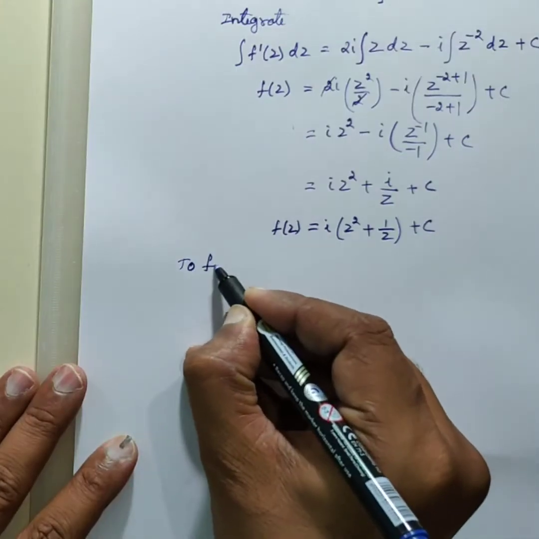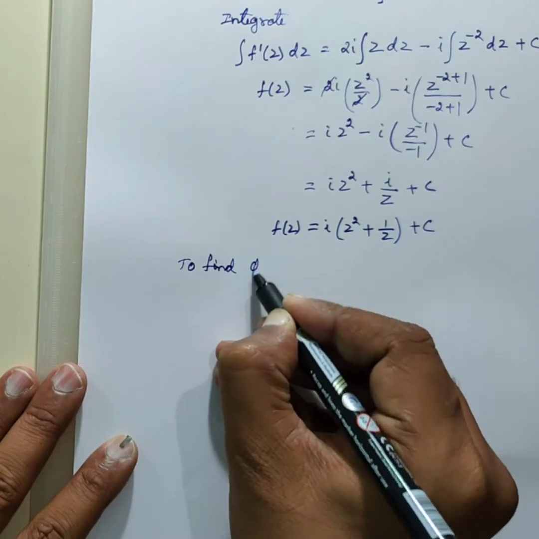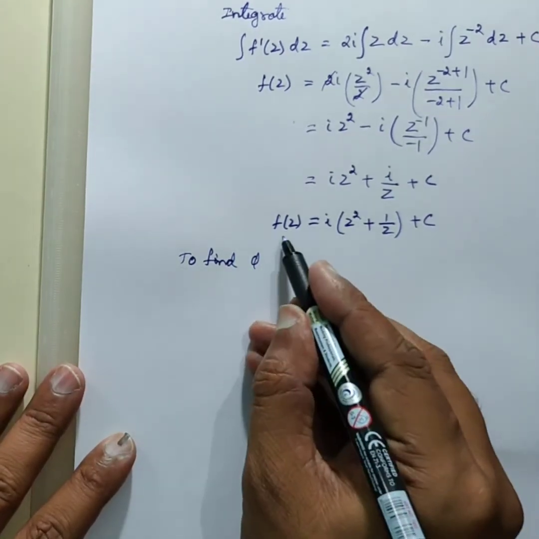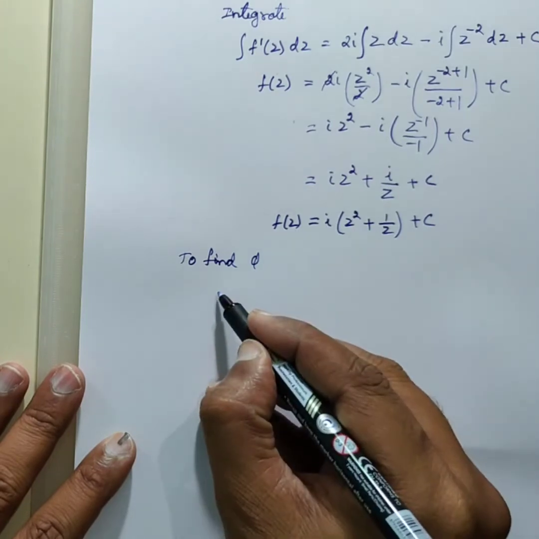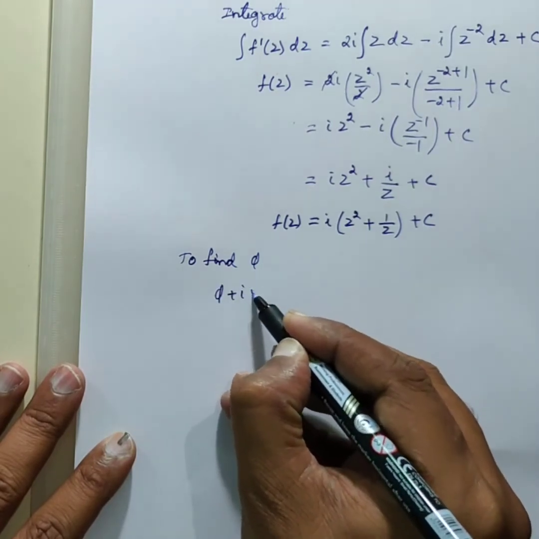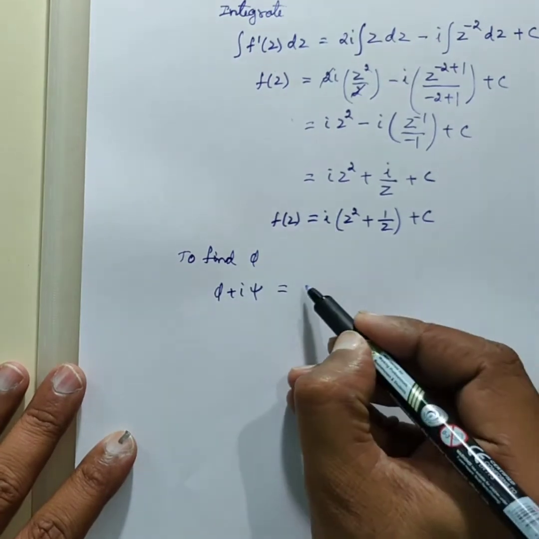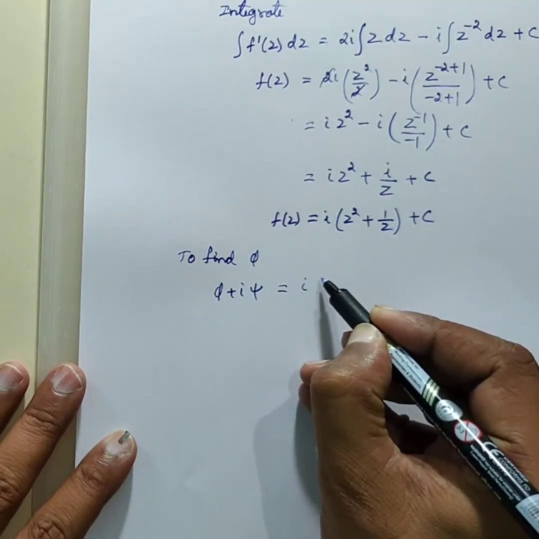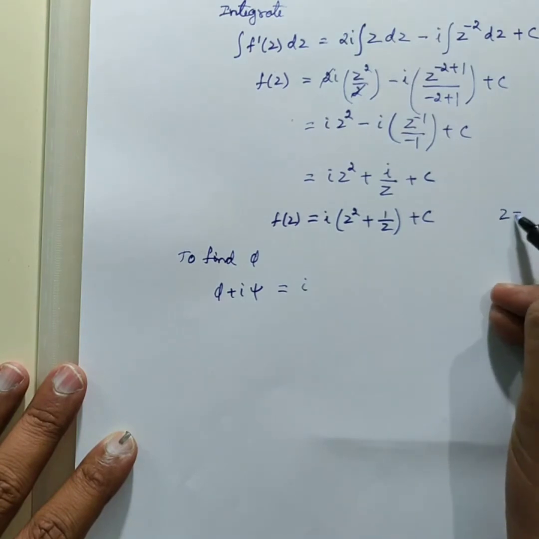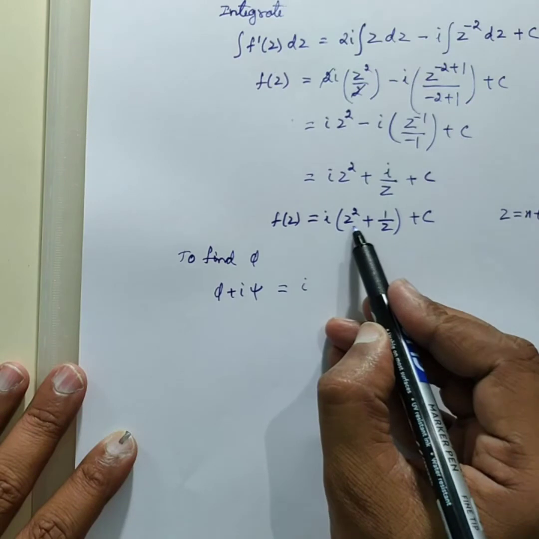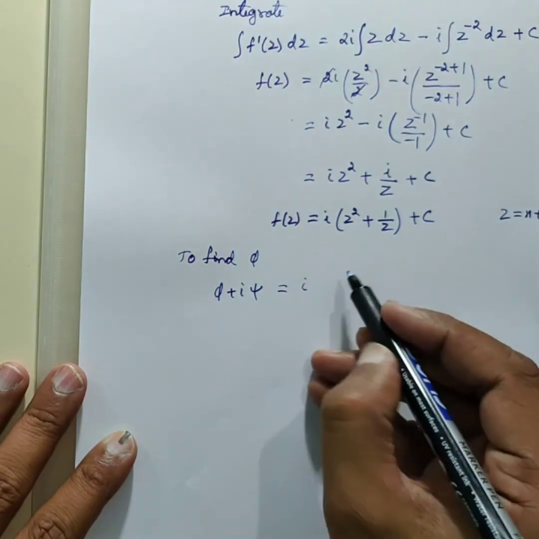So to find the value of phi, I'll try to replace this value of f of z in terms of phi and psi. I know f of z is phi plus i times psi. This expression can be written as i into, we know the value of z to be equal to x plus iy. So try to plug in the value of z as x plus iy.